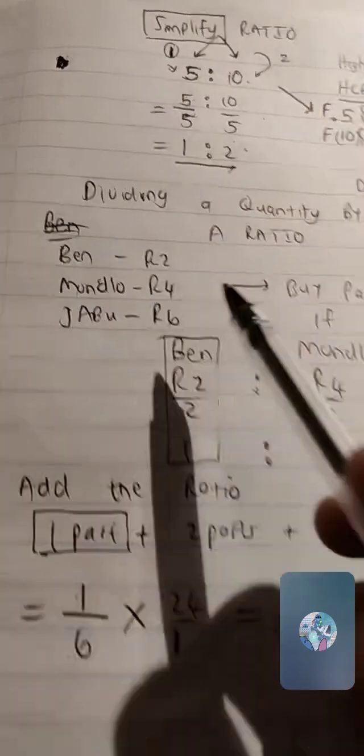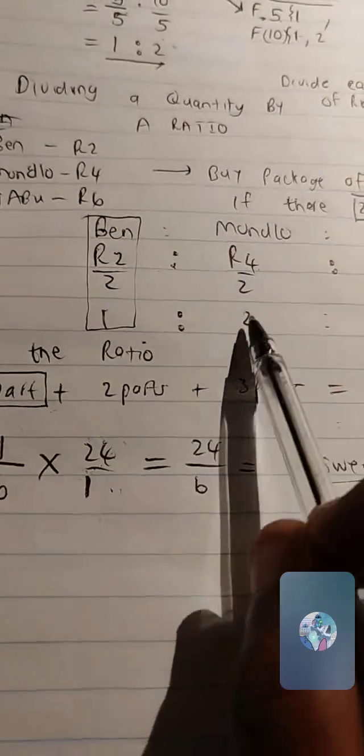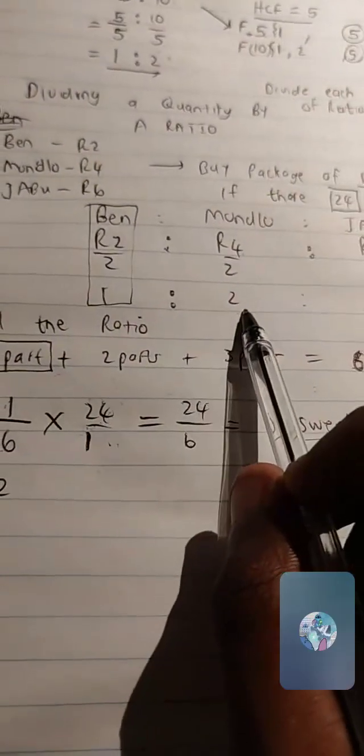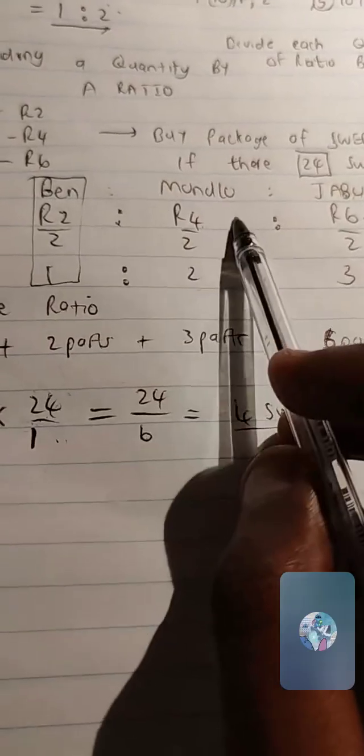Let's check how much Mondlo will get. Remember, the quantity in the ratio that represents Mondlo's part is 2. So 2 over 6.